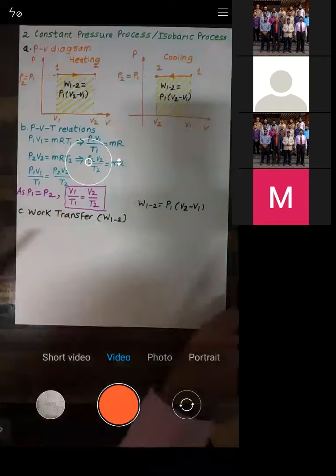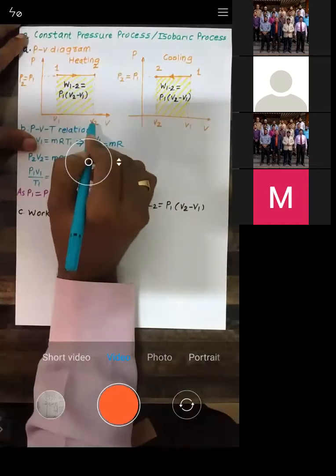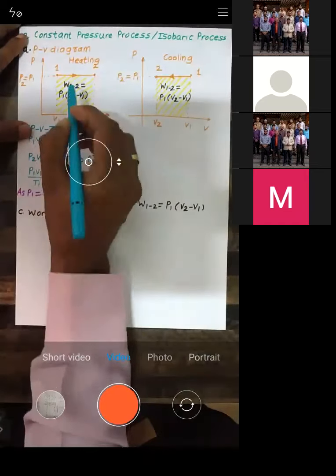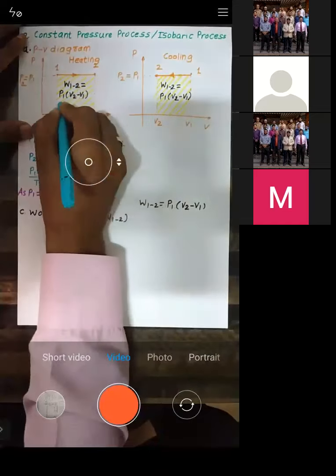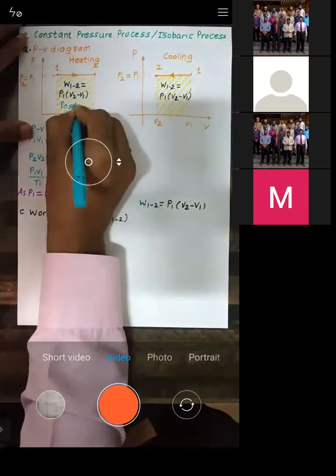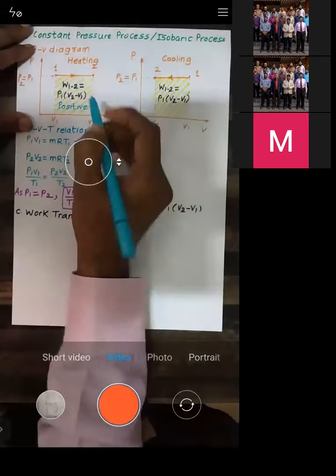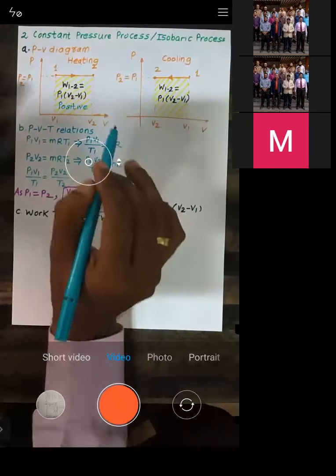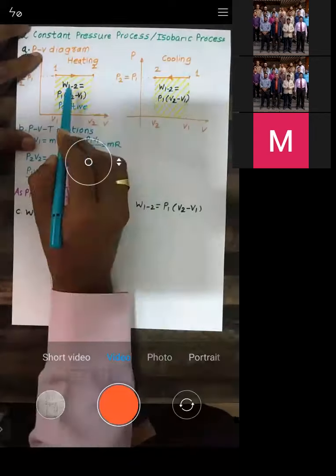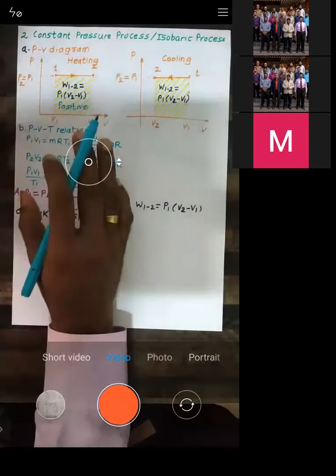Is it clear with this one? Okay, now see all of you here. V2 is greater than V1, so this work done will be positive. This is very important. It is positive because we always take final minus initial. It's not always higher minus lower.